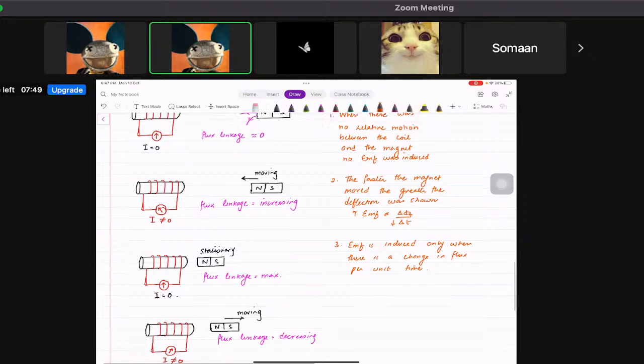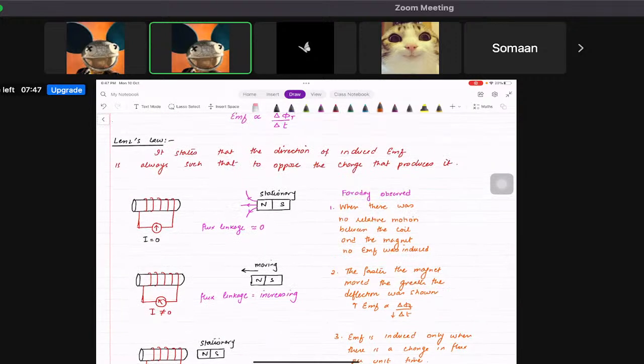So if the magnet is stationary and the flux linkage is 0, there is no current, right? If it starts to move towards the coil, there would be a change in flux linkage that basically causes current to be induced.